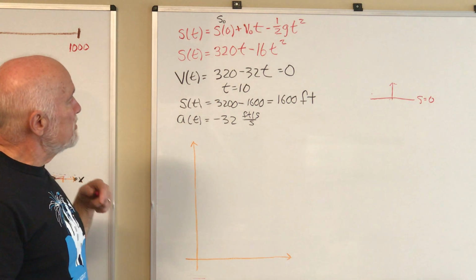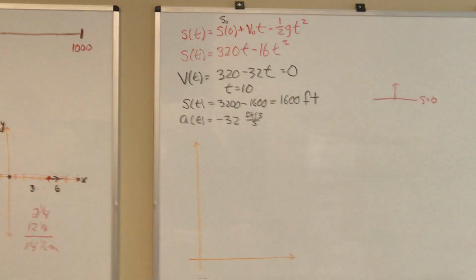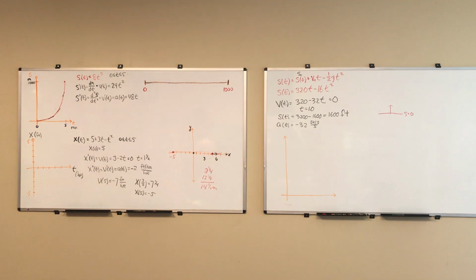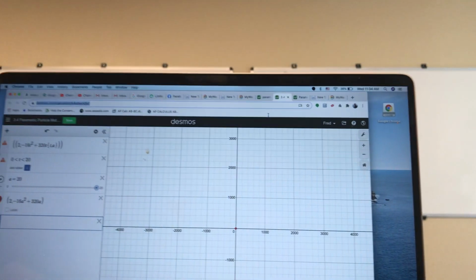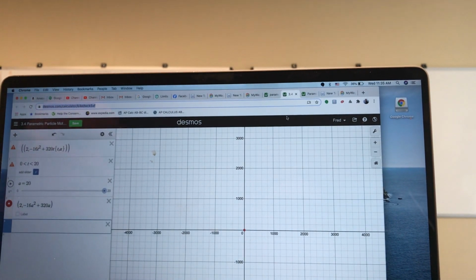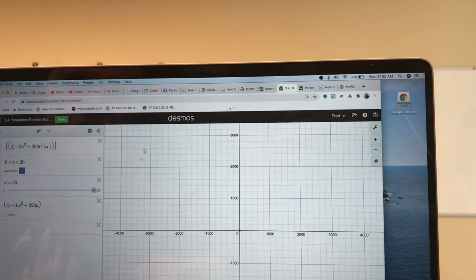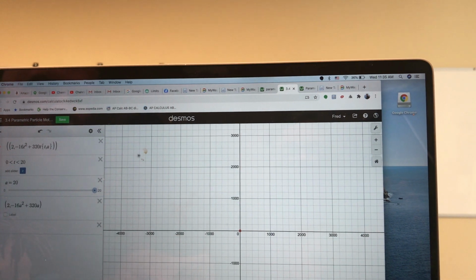And now we should be able to model that one more time on this graphing utility. I don't know if I told you it's called Desmos that I'm using. We should be able to go to one more of these. And now the ball is starting right at the origin.